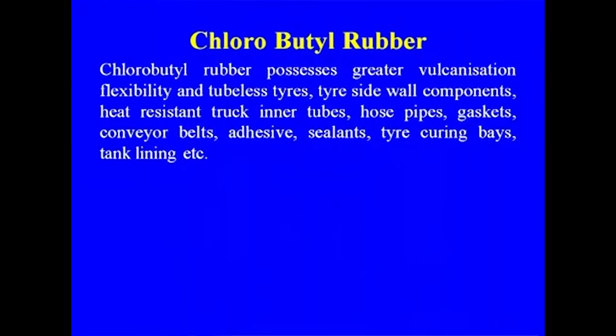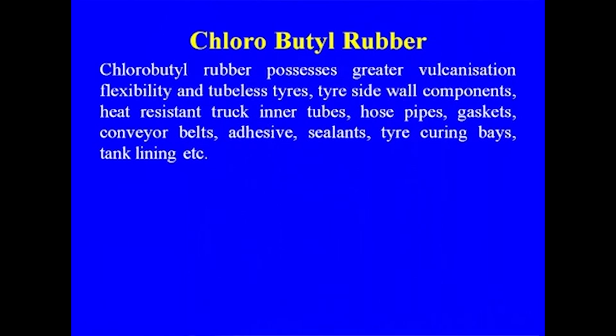What is the advantage of the chlorobutyl? Chlorobutyl rubber possesses greater vulcanization, because that is one of the major parts of the process when you are using the rubber in the tire, vulcanization of the rubber that is being carried out. So, the vulcanization, flexibility and tubeless tire.